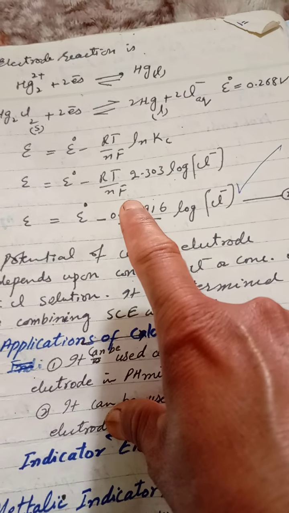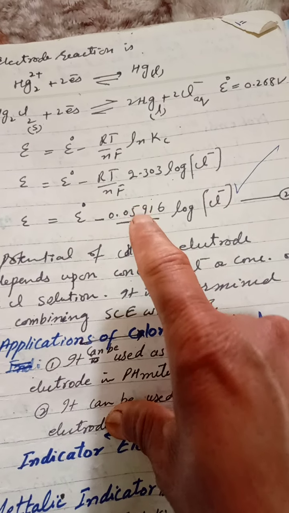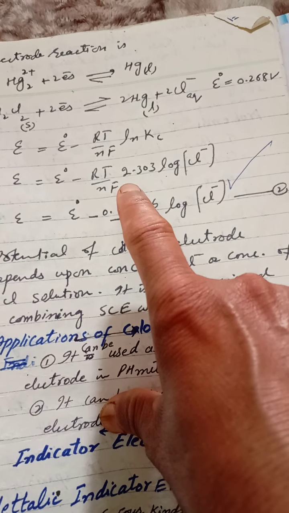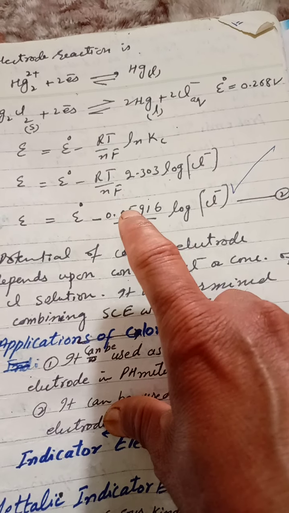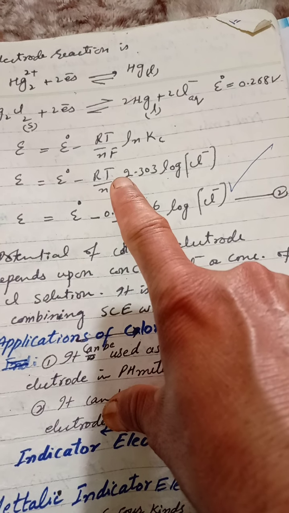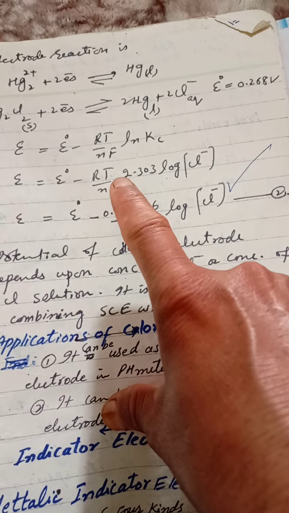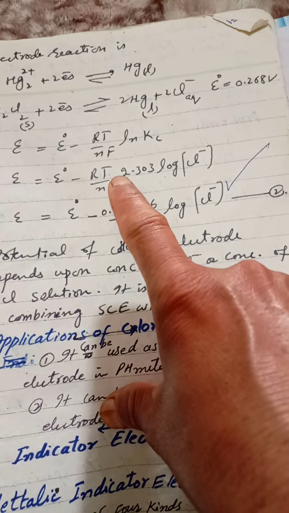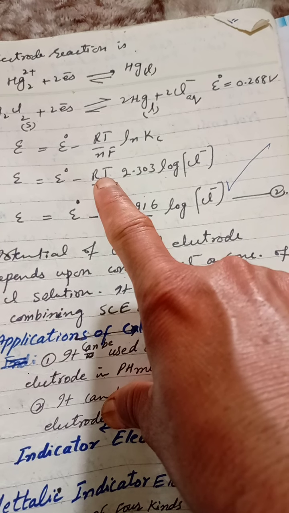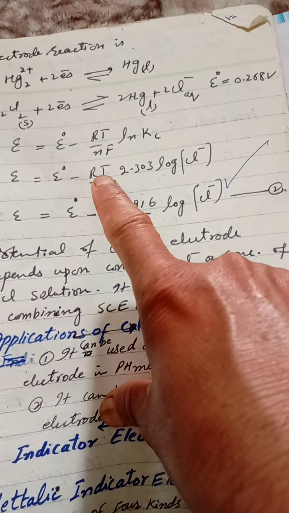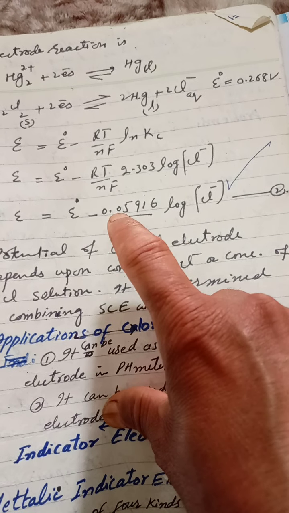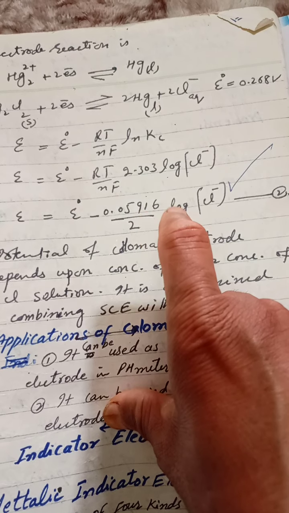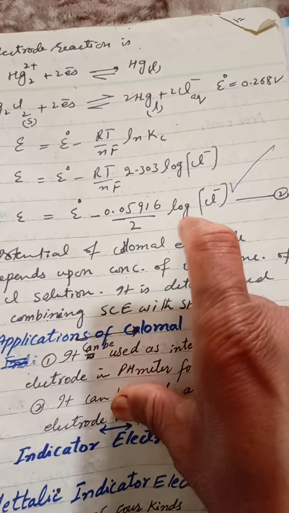F means Faraday, 96500. T is the temperature, 25 degrees centigrade, 298 Kelvin, and R is 8.314. This gives 0.05916, divided by 2, times log of Cl negative ion concentration.